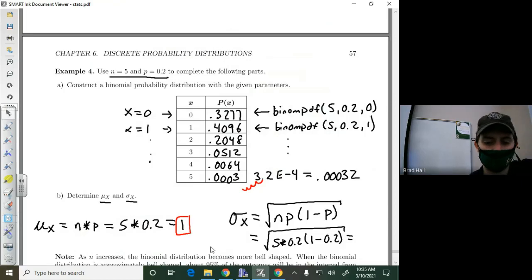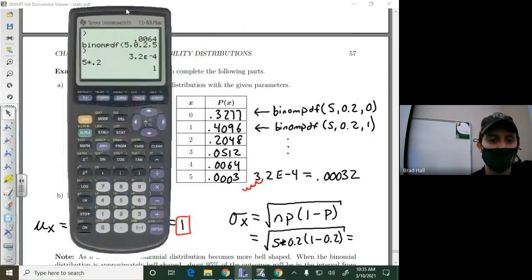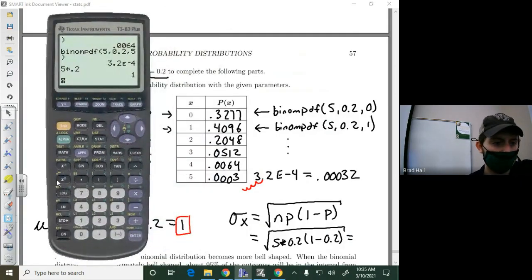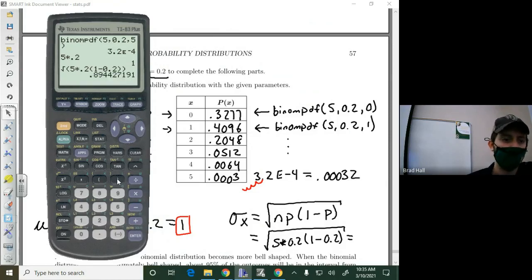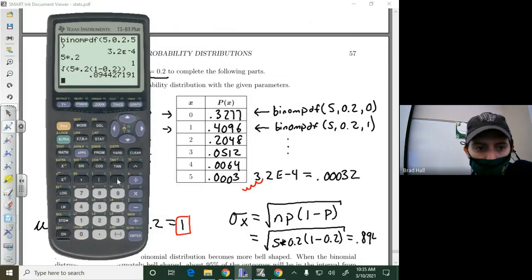Whatever that number is will be our standard deviation. Square root, 5 times 0.2 parentheses, 1 minus 0.2. Close parentheses, close parentheses. 0.8944.